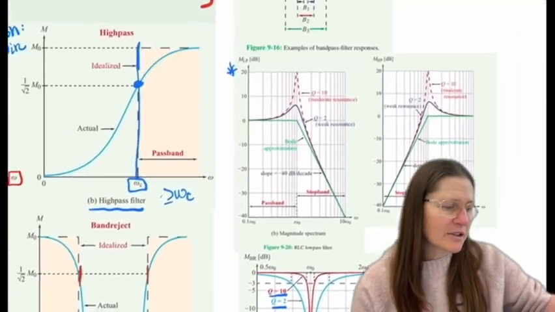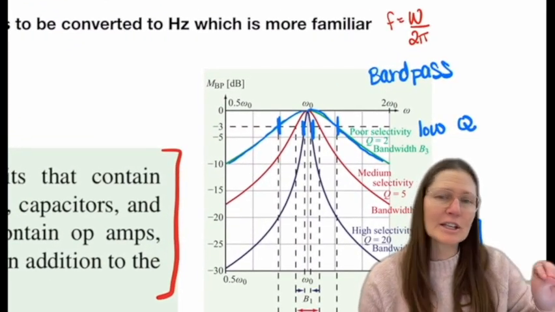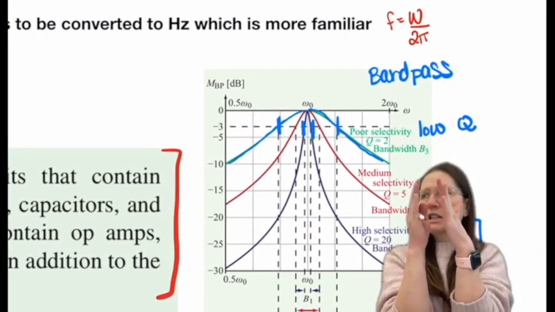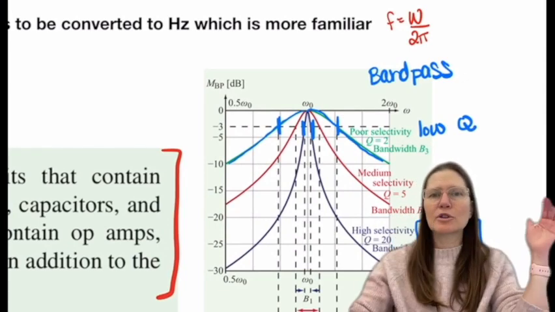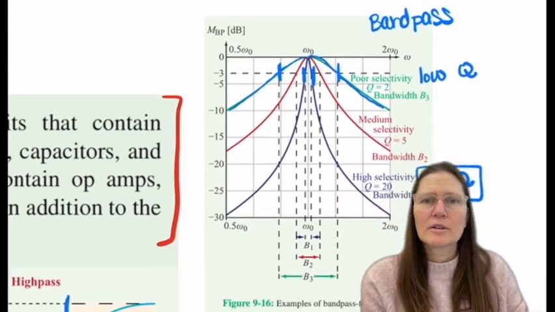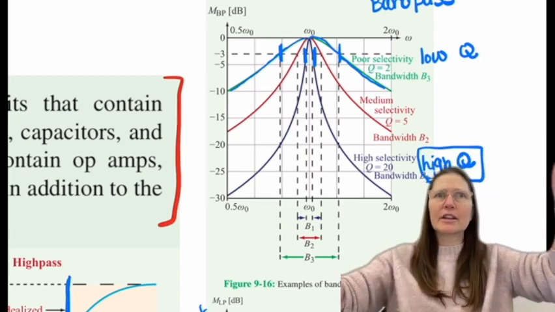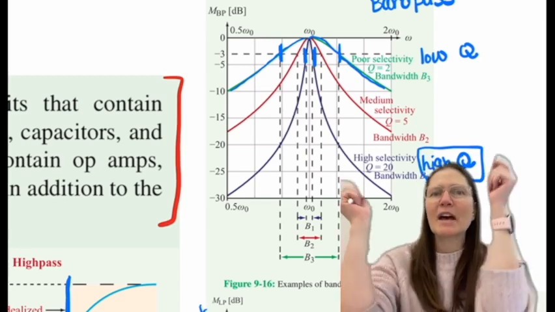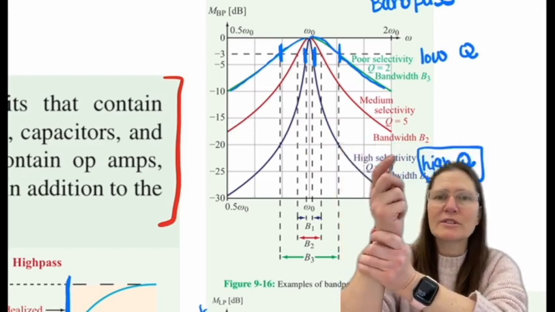So the Q factor was the other term you needed to understand. So for a high Q, it was where it's really narrow and really focuses in on a specific frequency, and a low Q gave you a wide range of frequencies. So for this one, the low Q is on the top where you can see like, yes, there's a wide range of frequencies it passes, but ideally you want it to usually pass at one frequency.